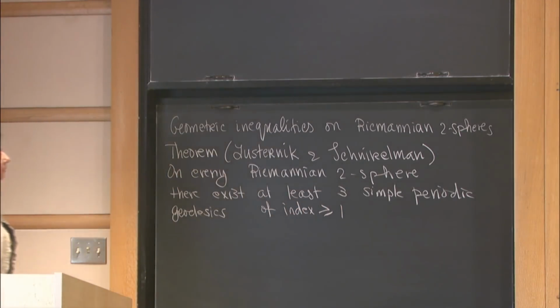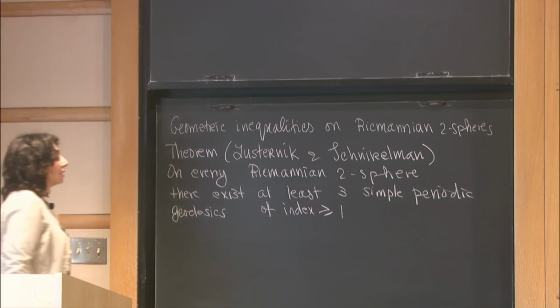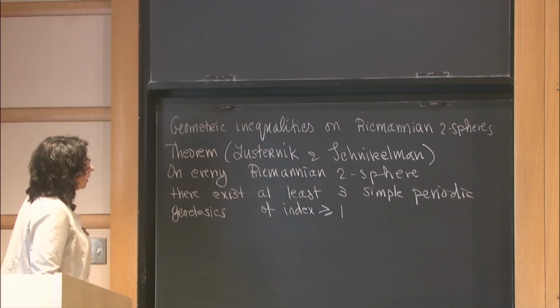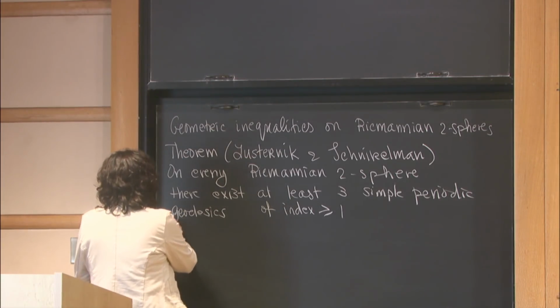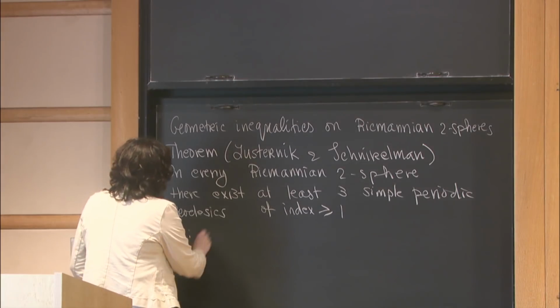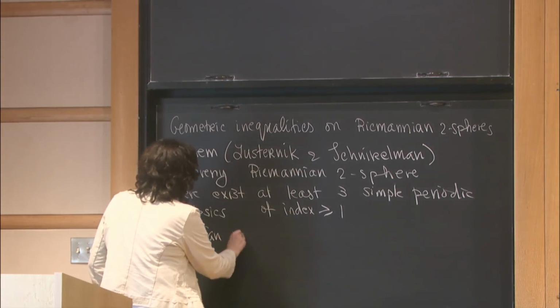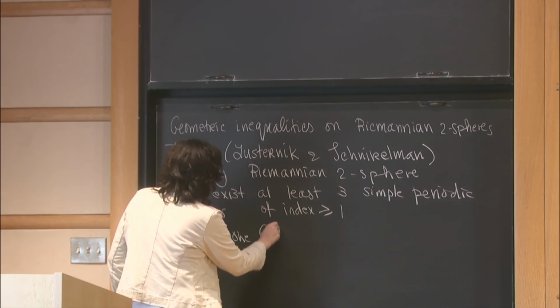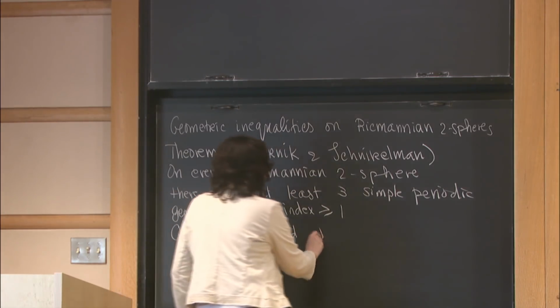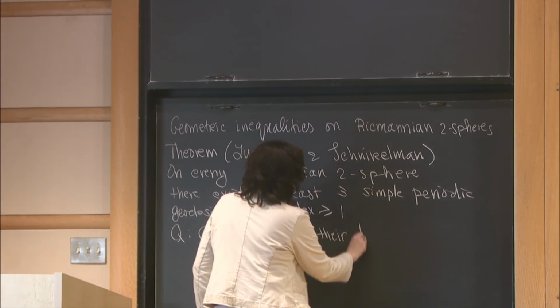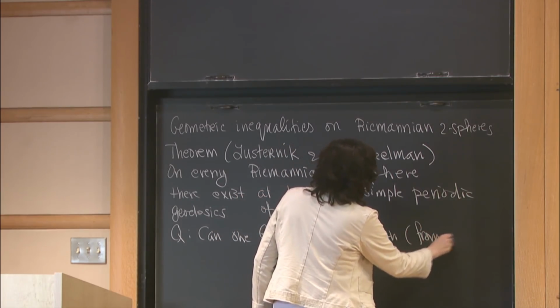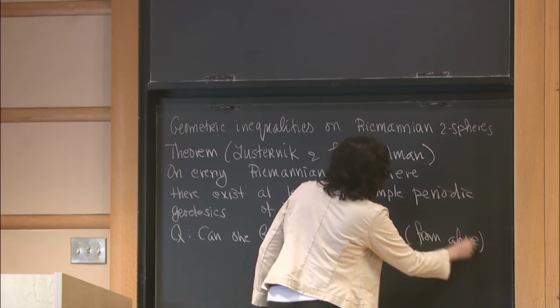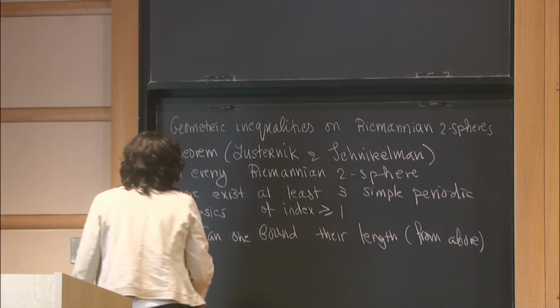And so now that we know that those geodesics exist, it makes sense to ask about the upper bounds. So the question is, can one bound their lengths from above by some other parameters?